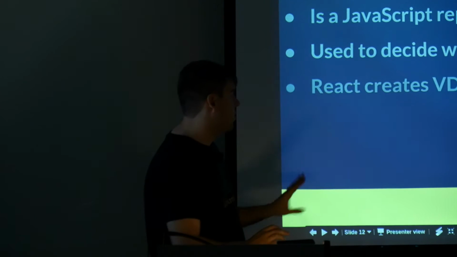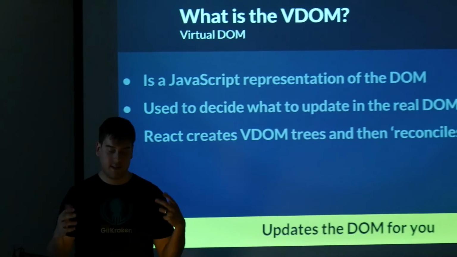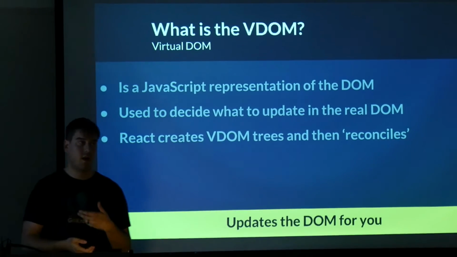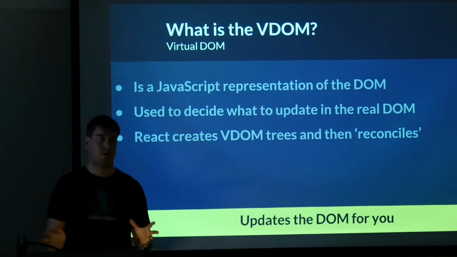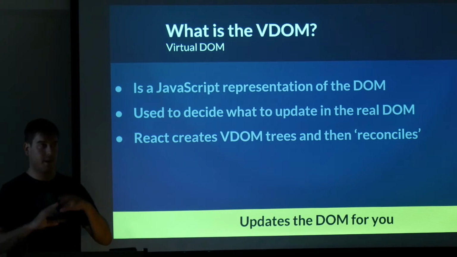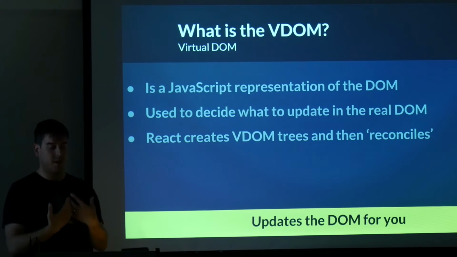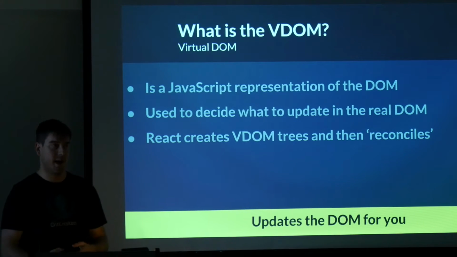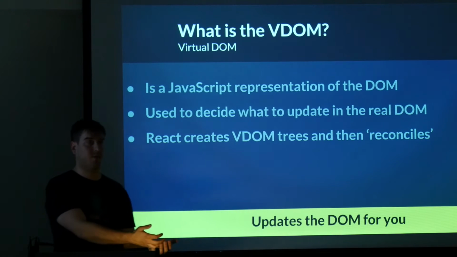So React creates a virtual DOM tree and then does a technique called reconciling. So every time that React runs, it renders a big picture, a snapshot of the UI. So we write code that gives a description of the UI. And that description of the UI is compared to the old description of the UI.